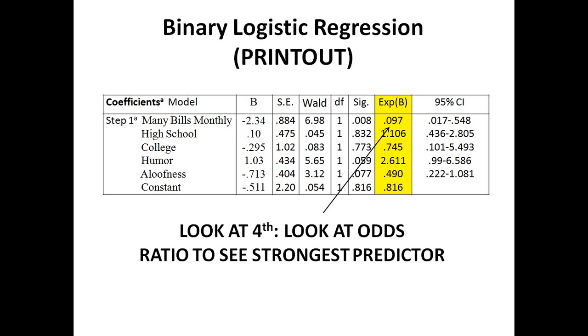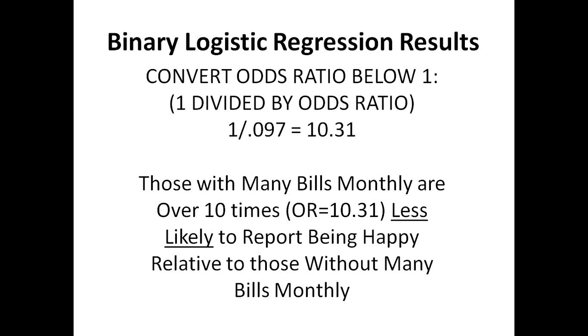So we look at the odds ratio. It's not very interpretable because this is the one where it's 2 times more likely to happen, 3 times more likely to happen. But when it's negative and below 1, you can't really communicate it like that. So you need to convert it. You convert the negative odds ratio by dividing 1 by the odds ratio. The odds ratio is 0.097, so we divide 1 by 0.097, and that comes out to 10.31.